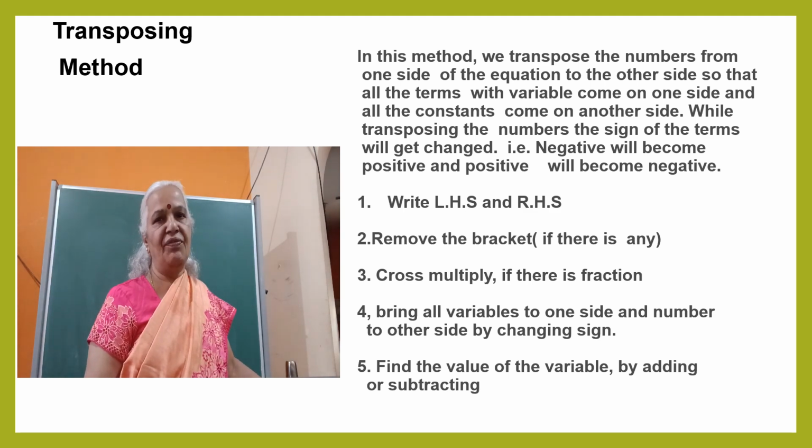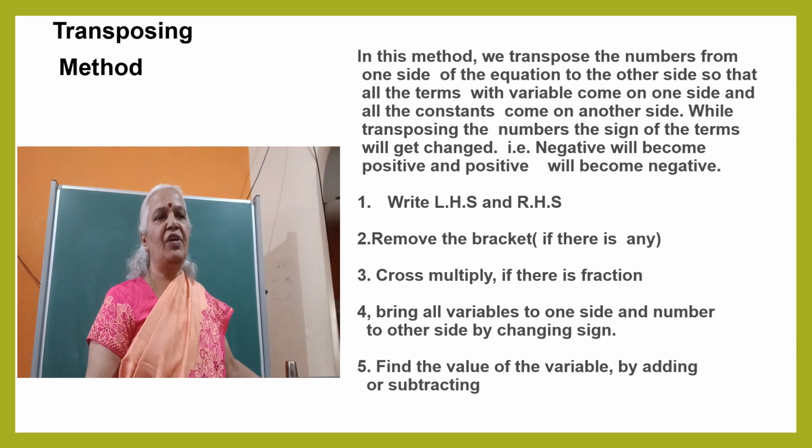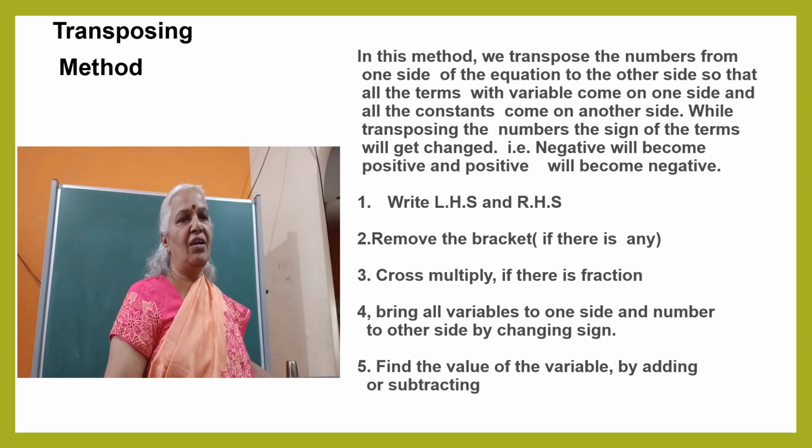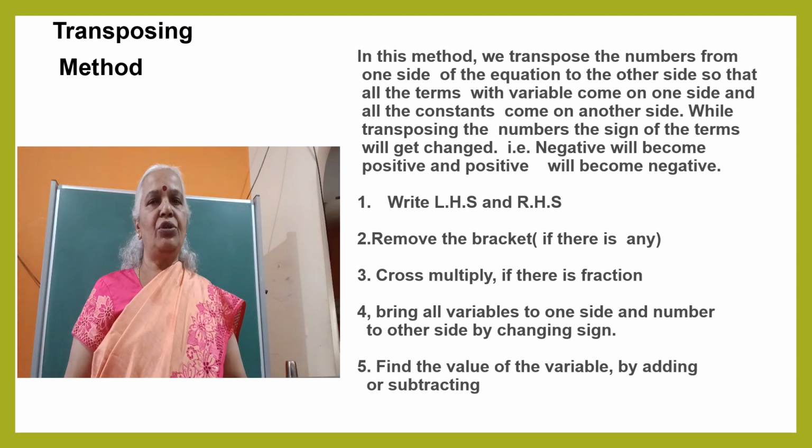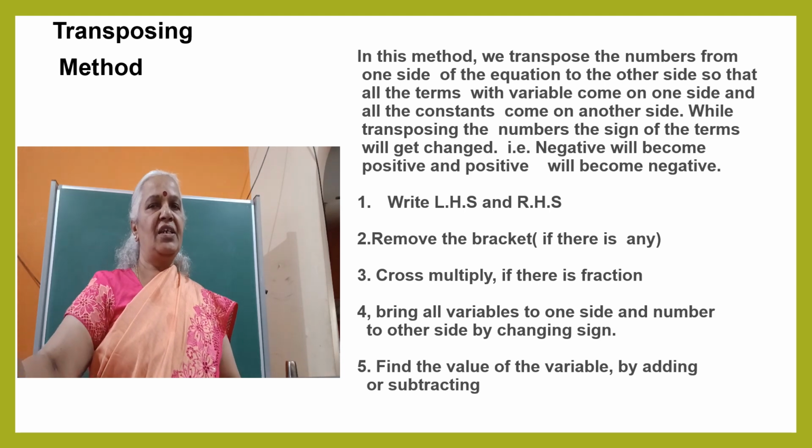Remove the bracket if there is any, and cross multiply if there is a fraction, and then bring all the variables to one side and numbers to the other side by changing the sign. And then find the value of the variable by adding or subtracting. Related to this, we are going to solve 2-3 sums from the exercise.